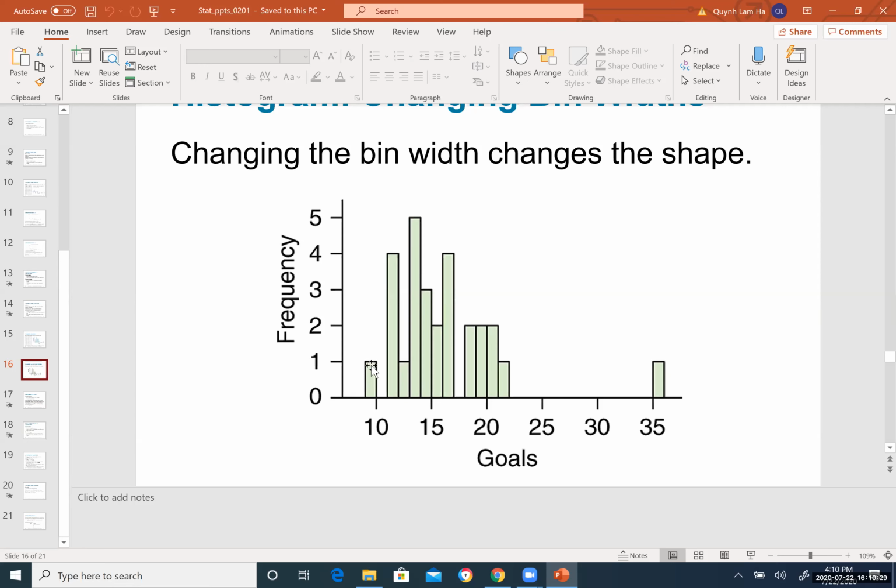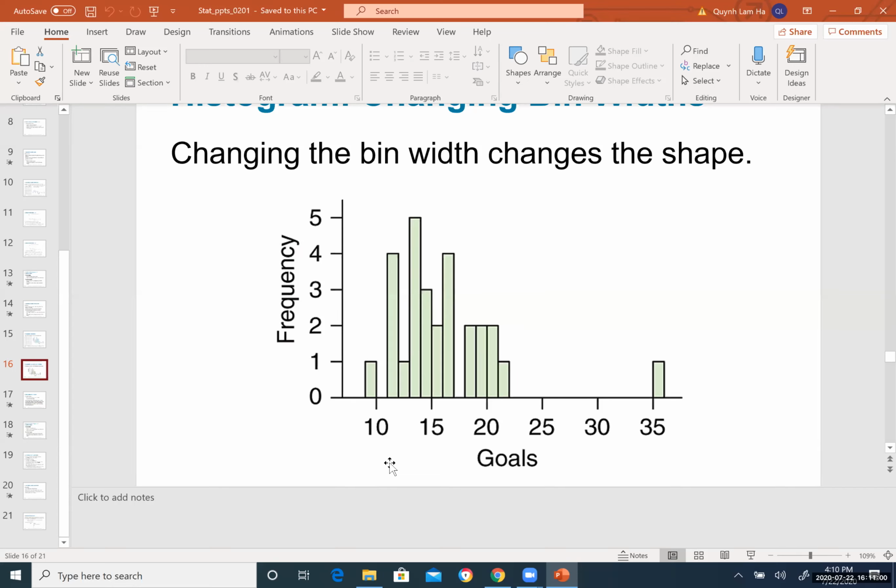Here represents number 9, repeated only 1 time, and here is number 11, repeated 4 times, and so on. In this one, not all of the rectangles touch together, you see? They have a lot of space right here. It's fine. So in short, for a histogram, you are allowed to change the bin width. It's up to you, but it depends on the data.